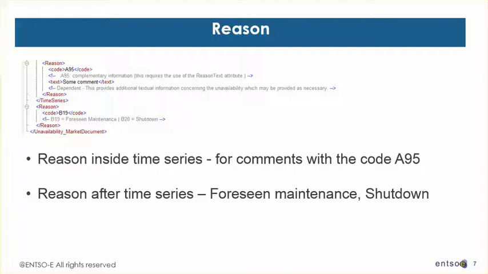There is a code A95 when you want to add some additional comment. That means that you want to provide a free text comment, like an explanation of what this new NTC means and how it's calculated. And then after the time series, we have another field where you specify the code for the reason. And B19, for example, means foreseen maintenance. B20 means shutdown, and there may be some other codes as well, but at least these are the most often used.